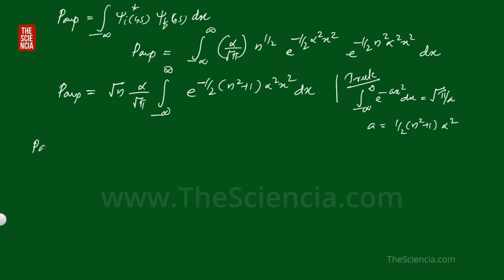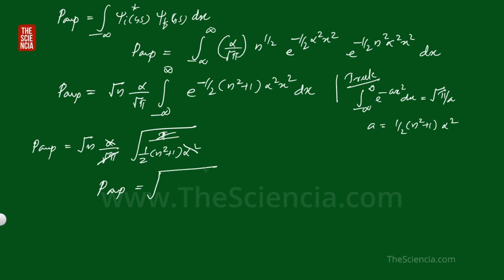Therefore, we get probability amplitude equal to root n alpha by root pi into root of pi by a, that is 1 by half (n square plus 1) alpha square. We can cancel the alpha and alpha square and the root pi and pi. So we obtain probability amplitude equal to root of 2n by (n square plus 1). So we got the probability amplitude.